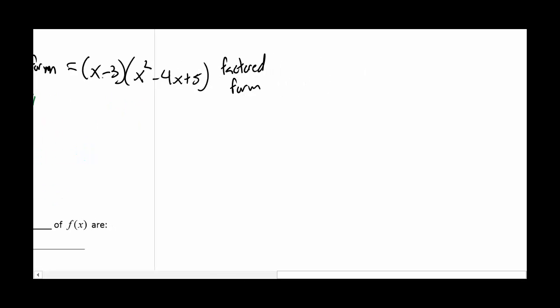All right, so I want to multiply x minus 3 and x squared minus 4x plus 5. And I'm going to do the same sort of organization I did previously. It'll be a little easier for us. So we have x times x squared, which is x cubed, x times minus 4x, which is minus 4x squared, and x times 5, which is 5x.